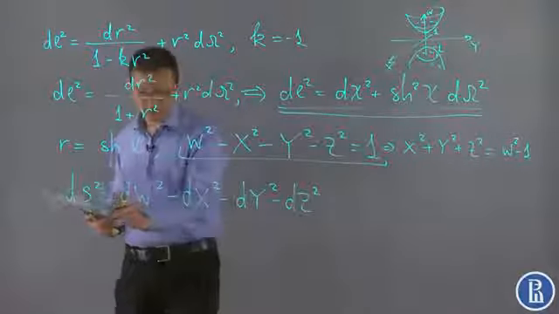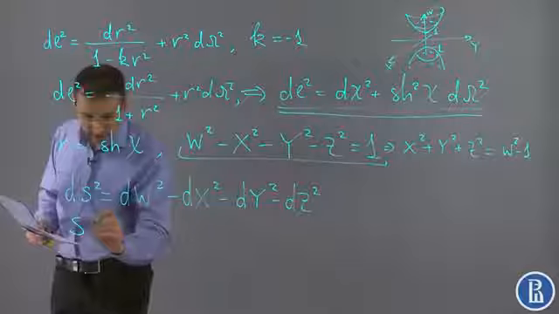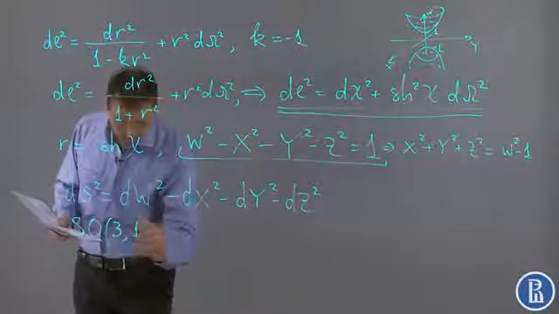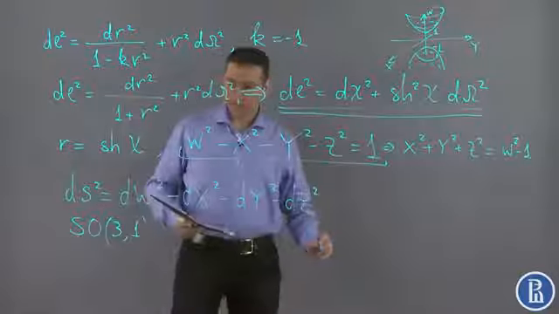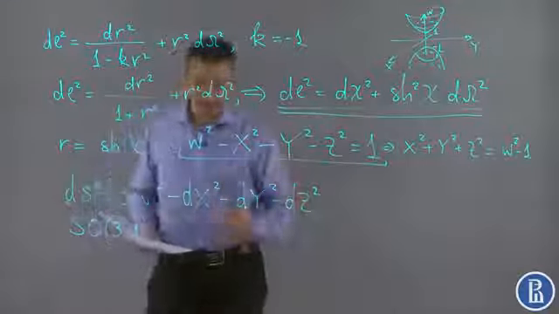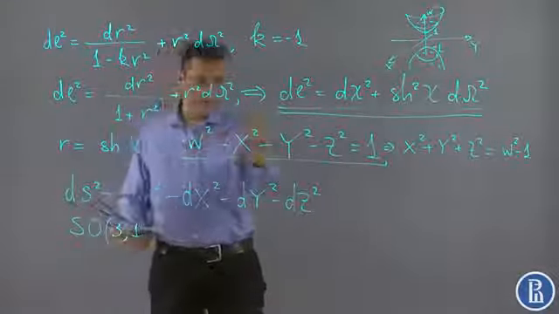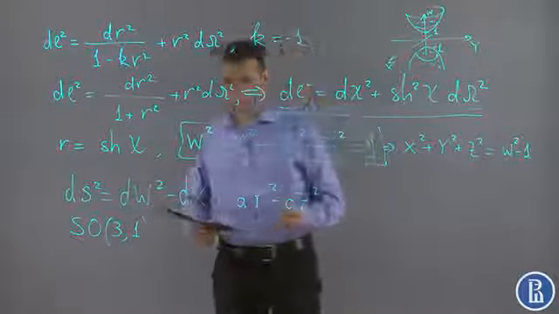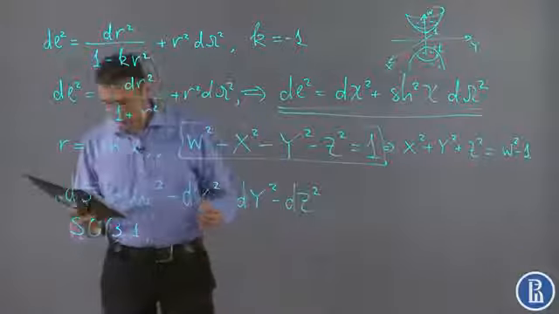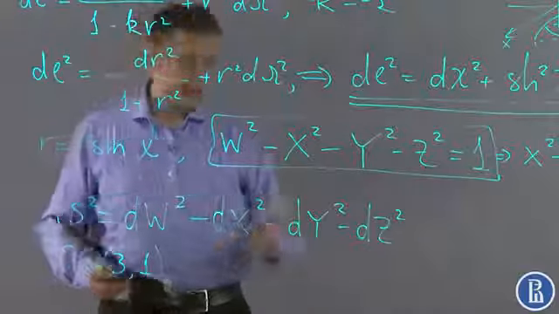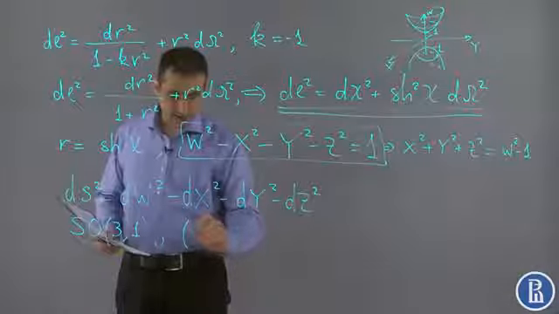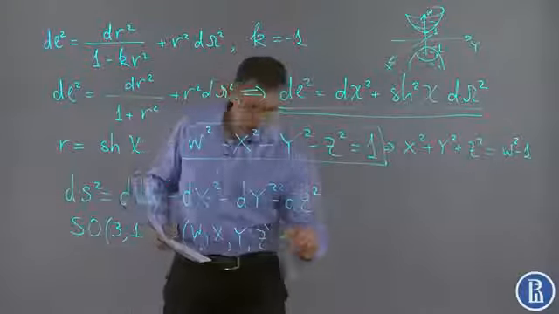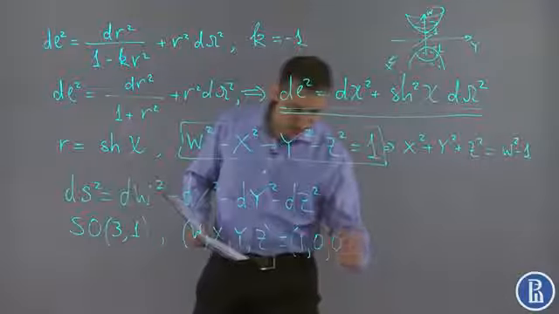One can see that this space has the obvious isometries, which form the Lorentz group SO(3,1). This group respects this equation, hence respects the space that we are discussing. And second, one can see that there is a point (w, x, y, z) equal to (1, 0, 0, 0).